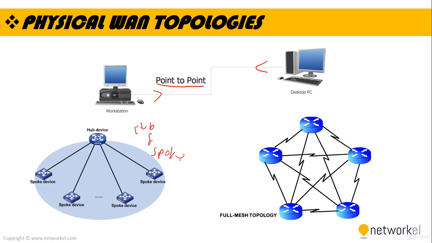In a hub and spoke wide area network topology, one physical site acts as the hub, while other physical sites act as the spokes. Spoke sites are connected to each other via the hub, as you can see here. And in hub and spoke topology, the network communication between two spokes always travels through the hub.